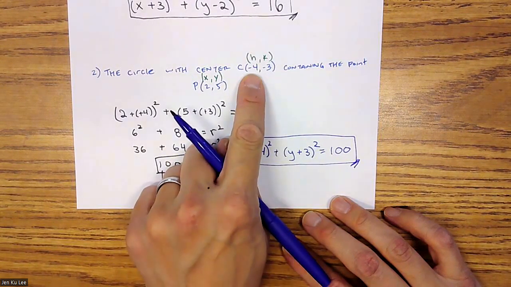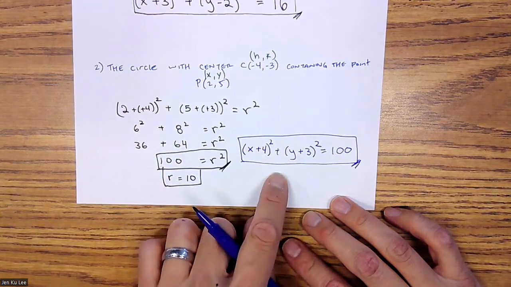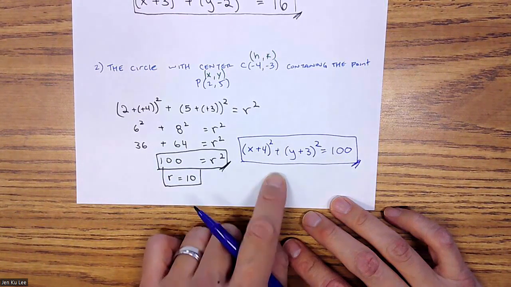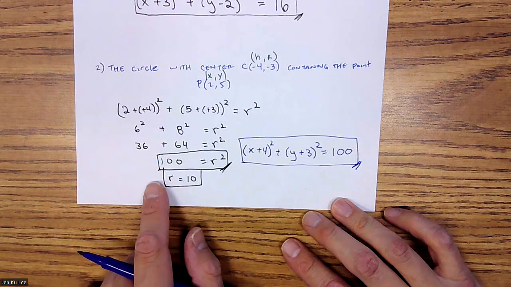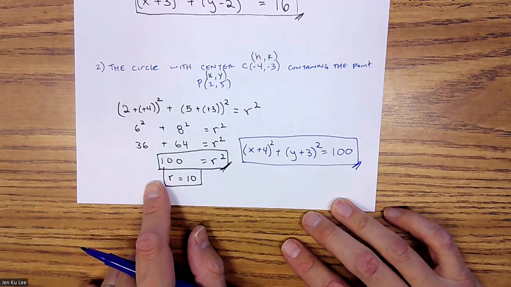But it's x minus -4, so it turns into a positive. Same thing for the -3. y minus -3, so it turns into a positive. Okay.